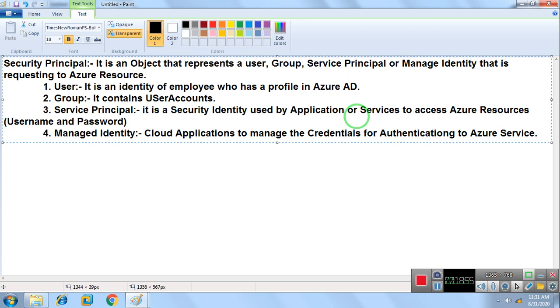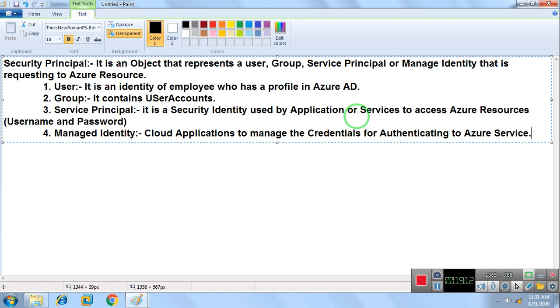An example is cloud applications managing credentials for authenticating to Azure services. So that is managed identity.